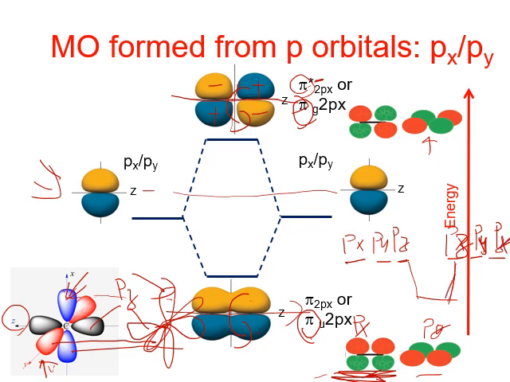So the z orbital forms a sigma bond, and this is sigma anti-bonding, and the px forms a pi bond, and py also forms a pi bond that has the same energy, with anti-bonding here due to the x, and here due to the y. So they are pi bonding, pi anti-bonding. Okay, we'll see more in the next slide.